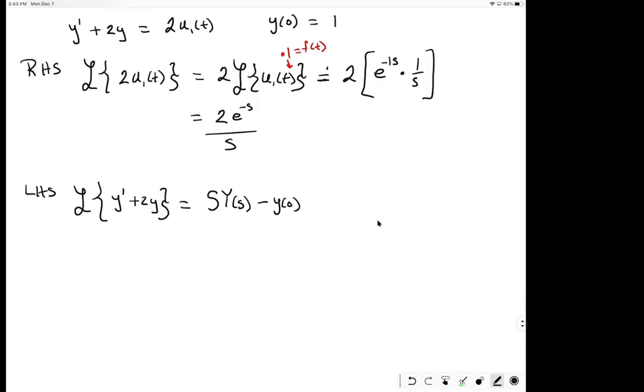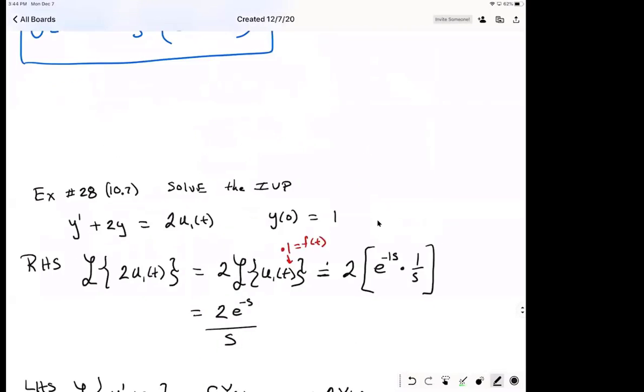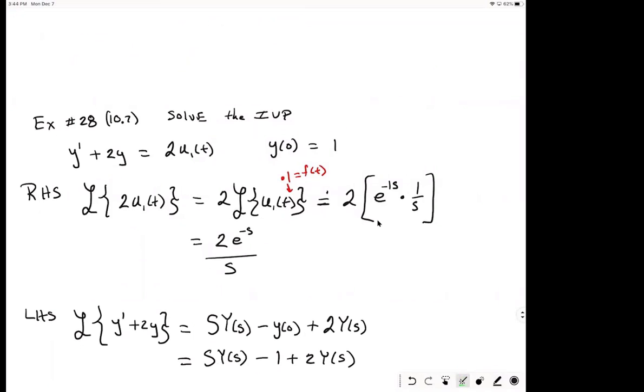Then I add the Laplace transform of the second part, 2 times s to the 0th, which is just 1, times capital Y of s. Those are the Laplace transforms we did last week. This can be made to be s times Y of s minus 1 plus 2 times Y of s. And that minus 1 comes from the substitution that y of 0 equals 1.